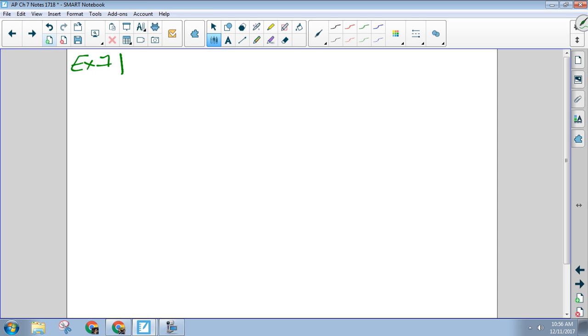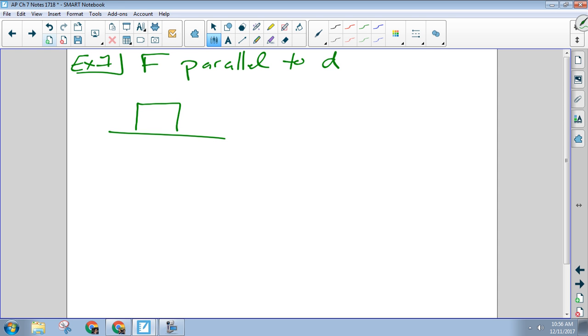Example 1. Force parallel to distance. So simple example. Suppose we've got a box, and Roy pushes it with a force of, I don't know, 40 newtons. Maybe he pushes it so that it moves through a displacement of 3 meters.